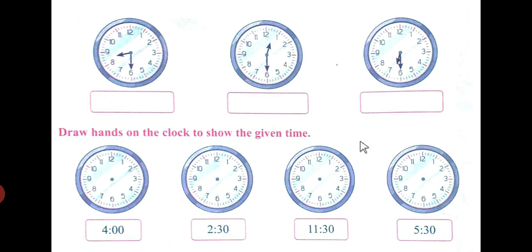So 2:30, you will write the time. 11:30, the hour hand will be between 11 and 12 and the minute hand will be at 6. 5:30, the hour hand will be between 5 and 6 and the minute hand will be at 6. You will write the time 5:30.